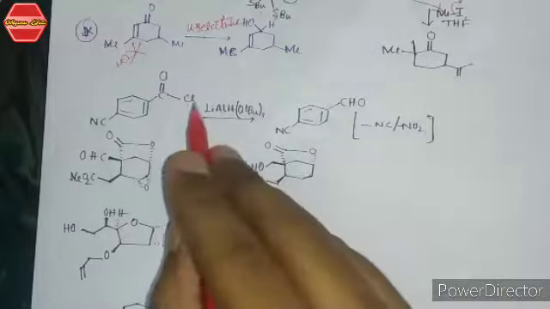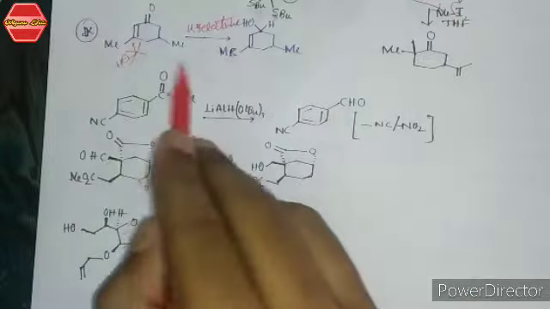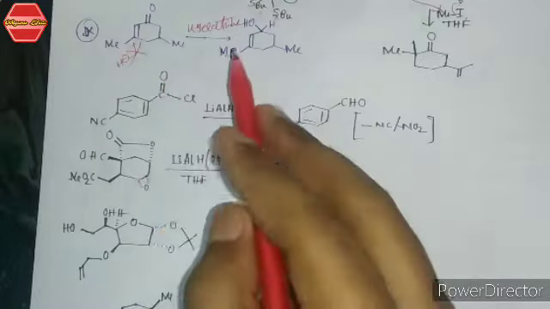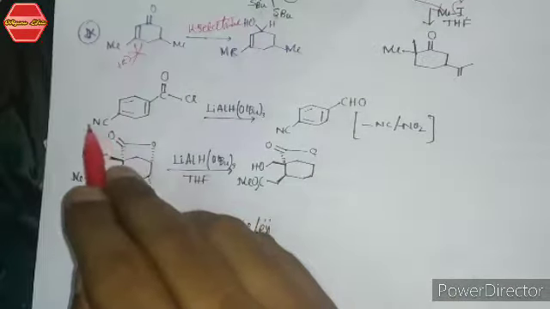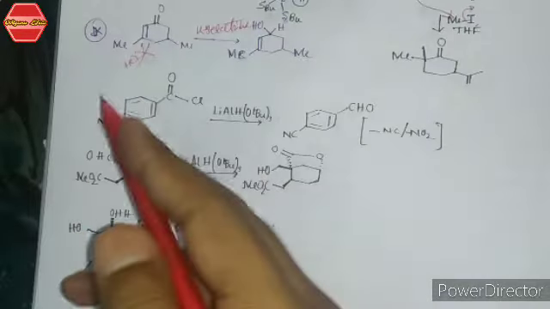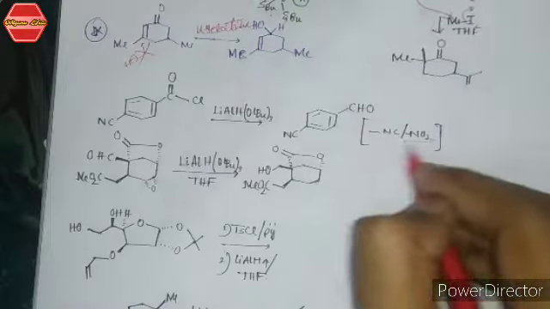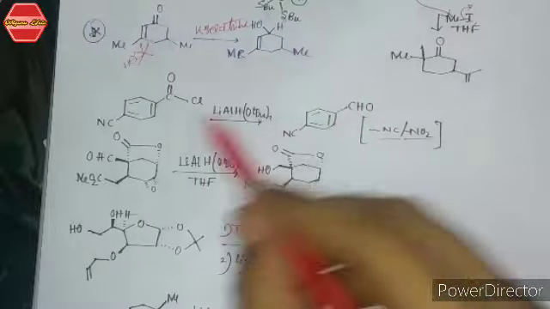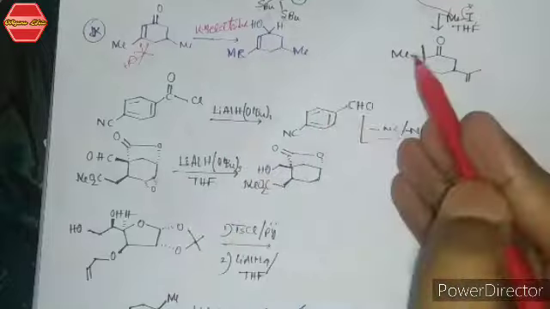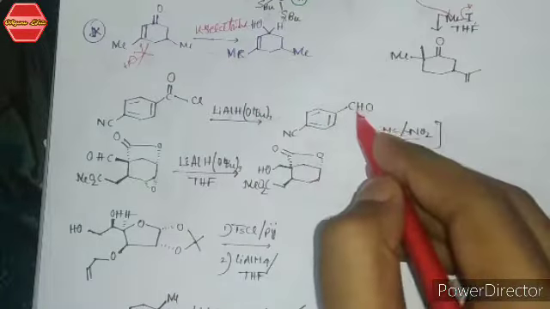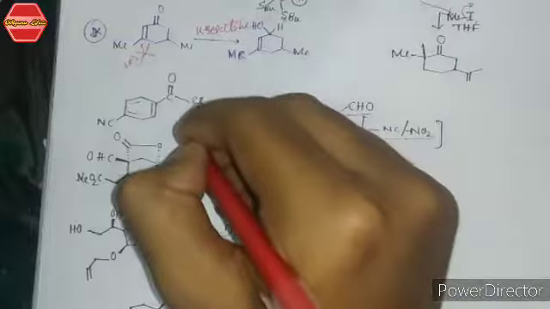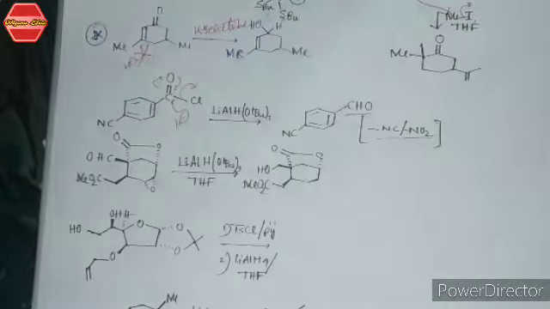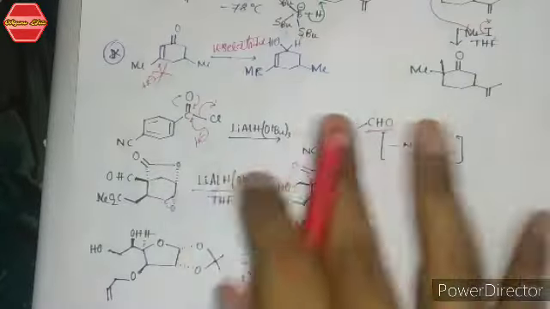If we want to reduce selectively the COCl, that is the acyl chloride group, in the presence of a nitrile or a nitro group, then this type of reagent is used. If we use this one, you can easily achieve this aldehyde. This is how the reaction proceeds: the aldehyde is formed over here, and chloride minus leaves from the system.